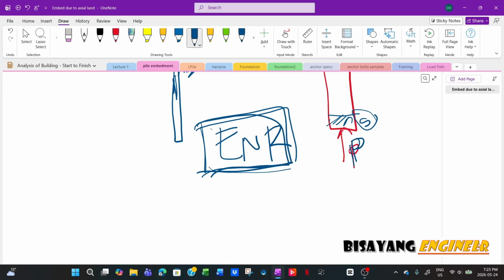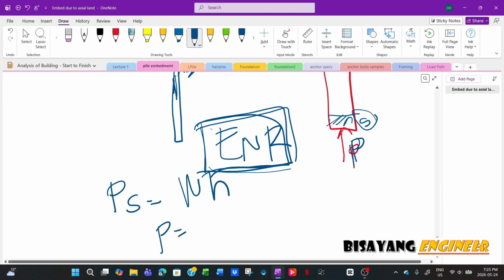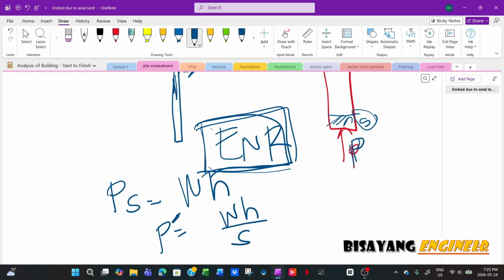I don't know how long, but this is direct. Your P times S is equal to WH, or therefore your P is equal to WH over S, and this is your load, or your capacity. And then usually just divide this by 6, because the factor of safety of this one is 6, and that is your factored capacity.